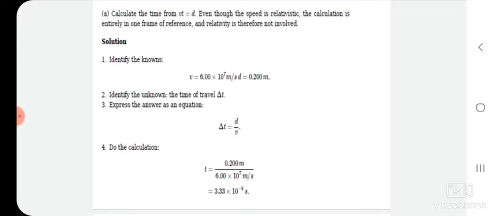We know v is equal to 6 into 10 to the power of 7 meter per second, into d, which is equal to 0.200 or 0.2 meter only.